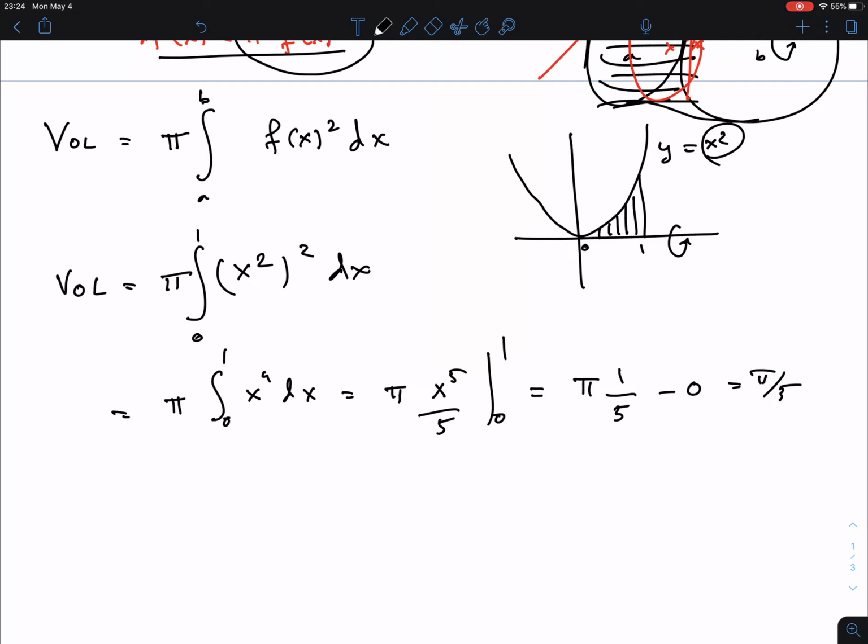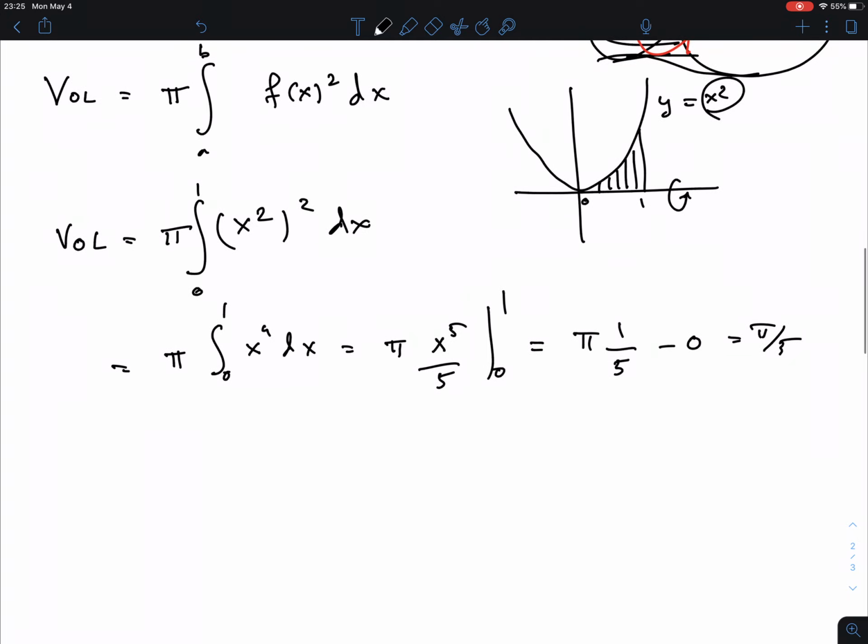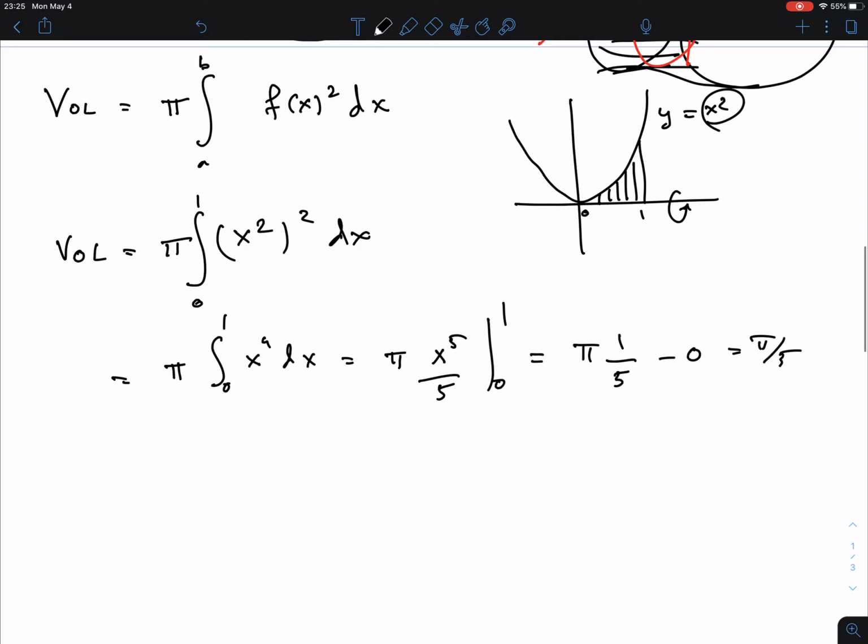Kind of cute, right? Would you think that if you look at this area and then you start rotating it around, you get this weird shape that has a volume of pi over 5? Let's now make this a little bit more interesting.